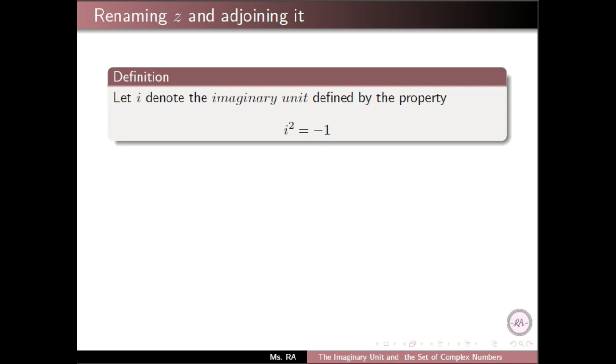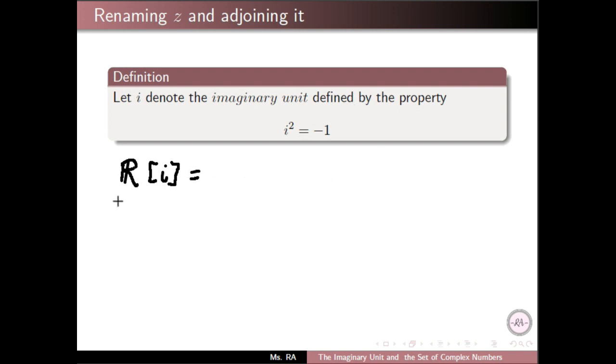Now, observe that we have this i, which has been defined as a number whose square is equal to -1. Now we are going to adjoin this i to the set of real numbers.